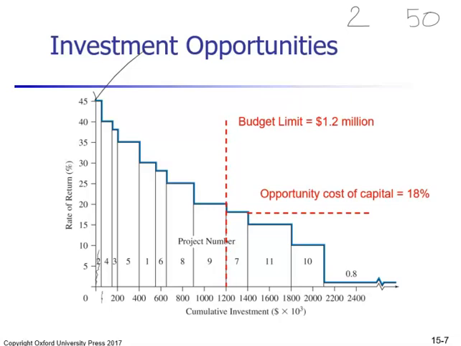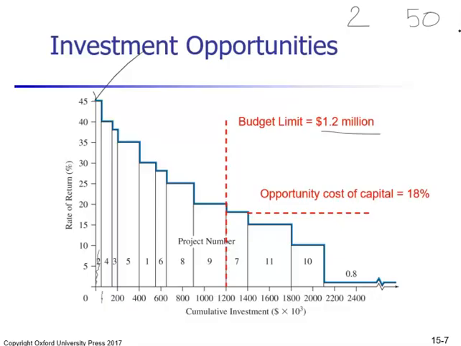And what is the total budget that now we have? The total budget that we have is 1.2 million. So then, how much more money do we have now after this 50,000? Oh, we have a lot.